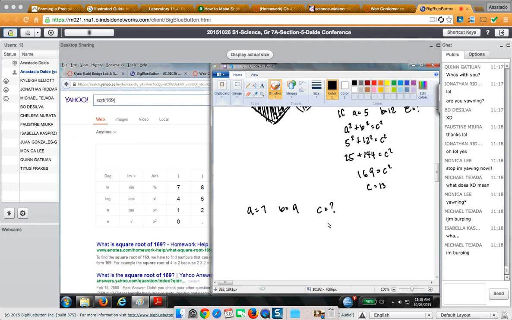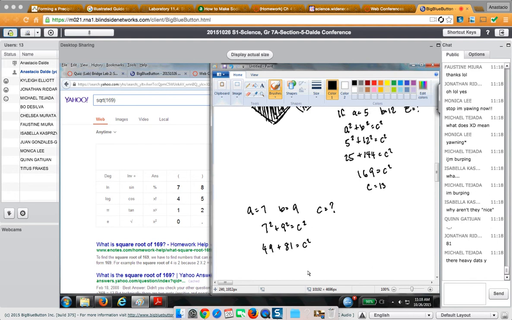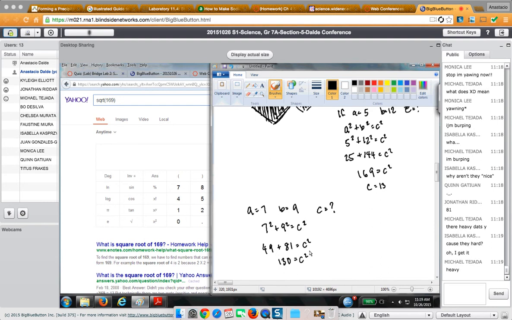I really don't. Let's try it. It's saying that 7 squared plus 9 squared equals c squared. 7 squared is 49. 9 squared is 81. Let's see. This would be 130. I don't think that comes out nicely. I don't think that you can figure out a number that multiplies to itself to get 130 very nicely.